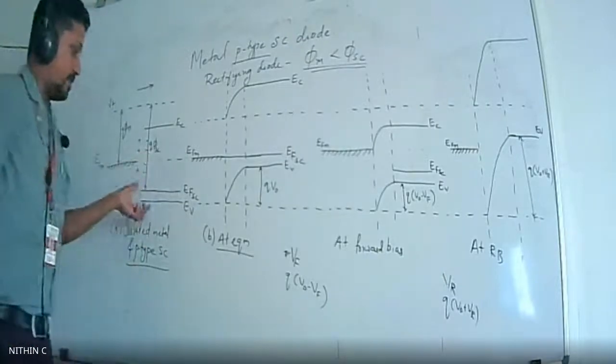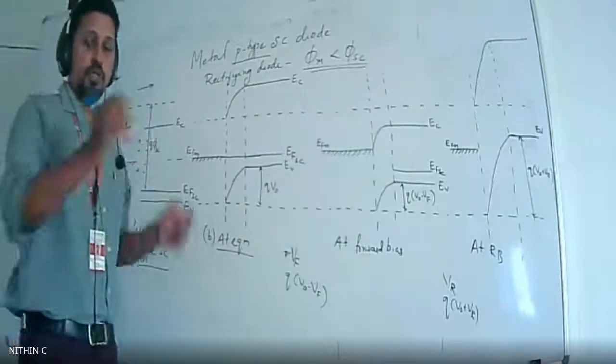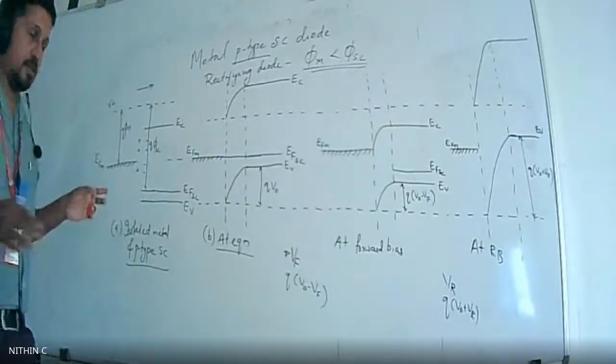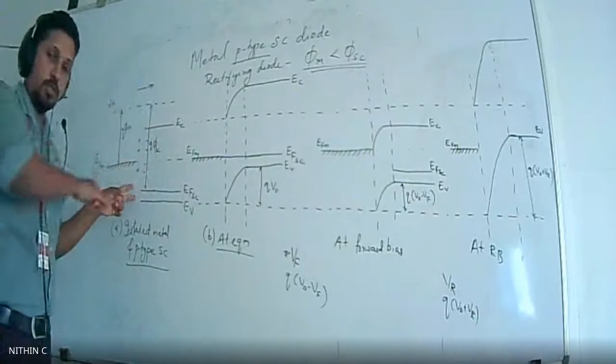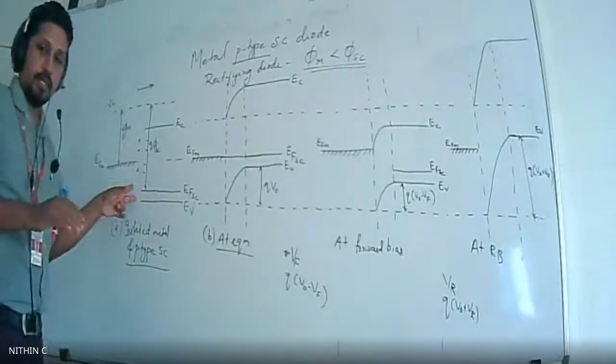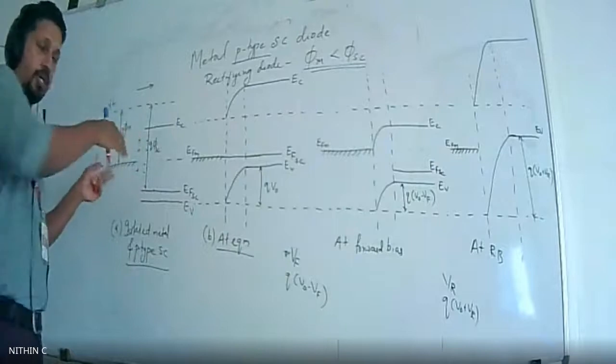Then this is the isolated part. Then we joined the two materials. At the point when we join these two materials, we have plenty of holes on the semiconductor side. They will recombine with the electrons on the metal side. That is, holes are moving towards the left. We can assume it in that manner.